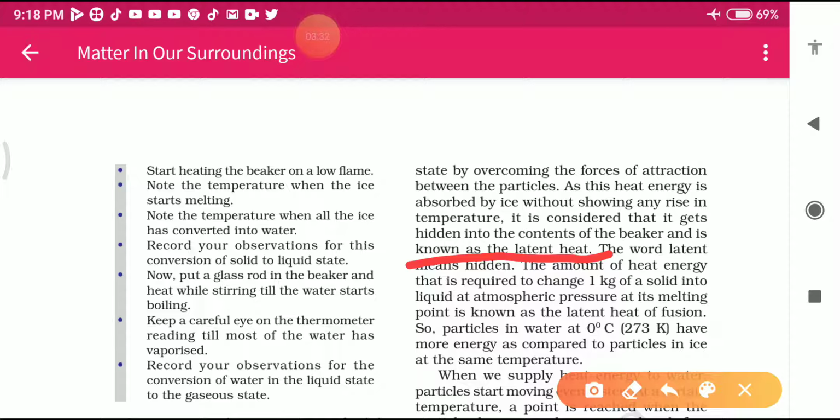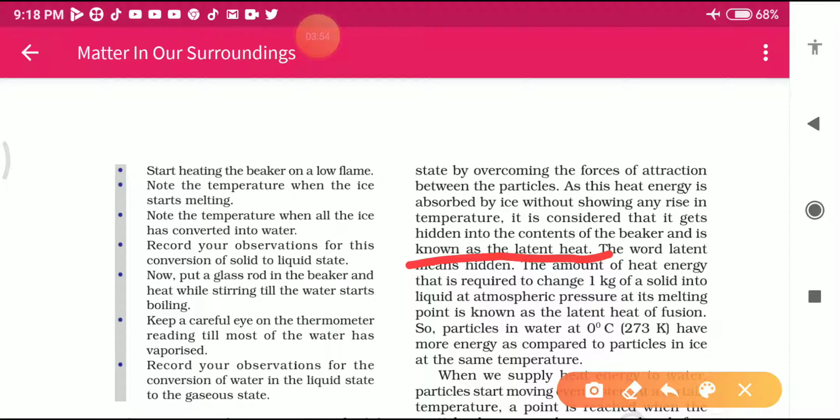So when you heat the beaker in which ice is present, the temperature does not increase. Why? Because this heat is hidden in the contents of the beaker.